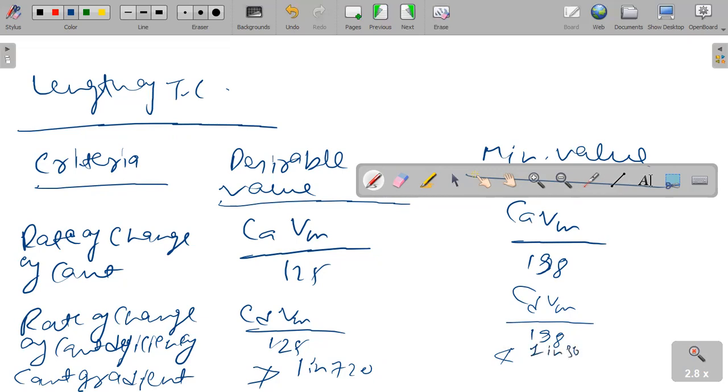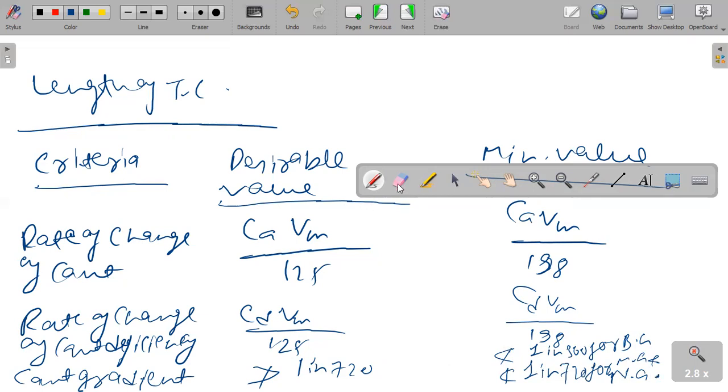It should not be less than 1 in 720 for both meter gauge and narrow gauge. Okay, so this is the table.